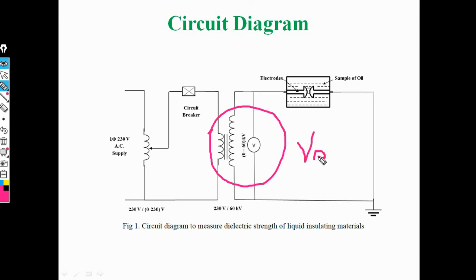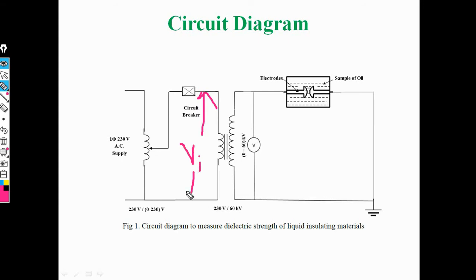This is the input voltage and this is the output voltage, VO.